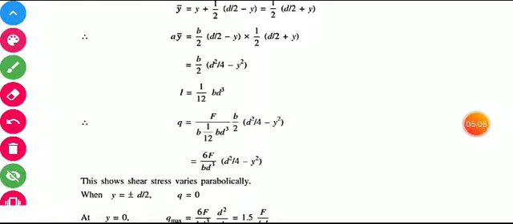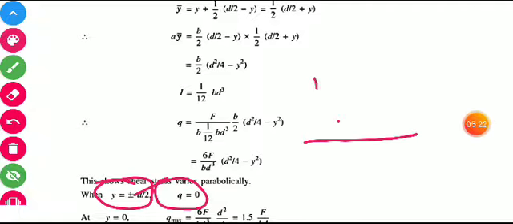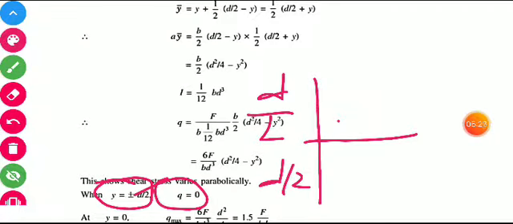When y is maximum, that means y is equal to d by 2, the shear stress will be equal to 0. Suppose this is d by 2, this is d by 2. So when we put y equal to d by 2, the shear stress value is 0. Similarly, we put y equal to negative d by 2, so the shear stress value also becomes 0.